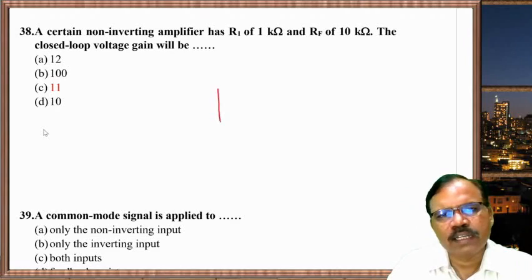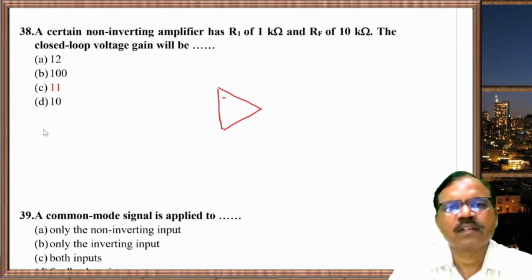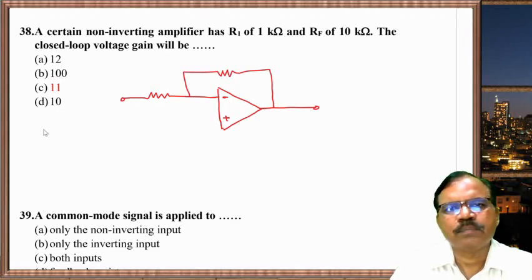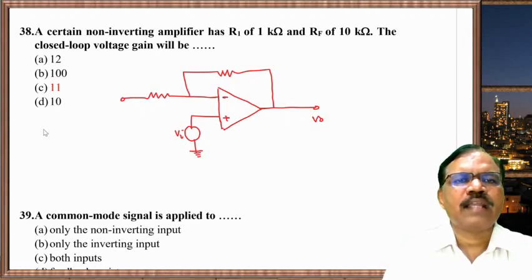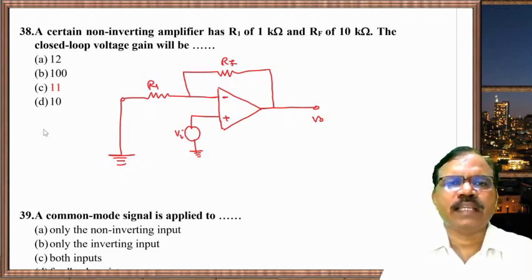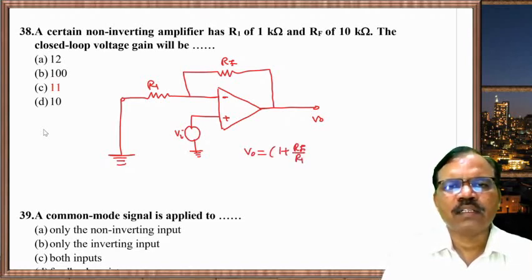So if we see non-inverting amplifier, in non-inverting amplifier, this is feedback circuit, and now we connect input to non-inverting terminal, and here inverting is connected to ground, and in this case we get V0 equal to 1 plus RF upon R1 into Vi.